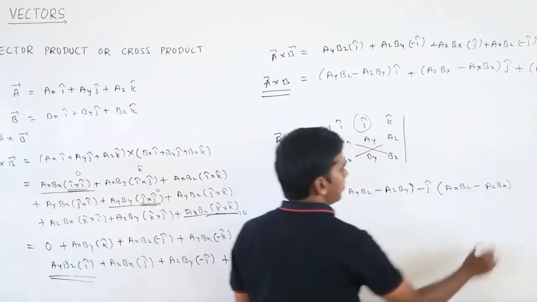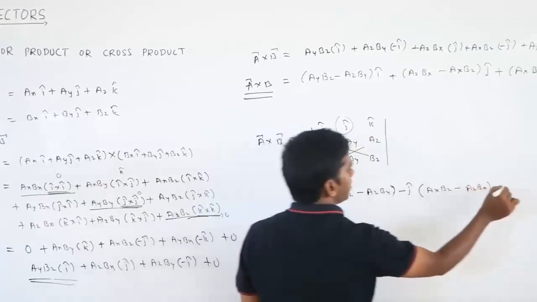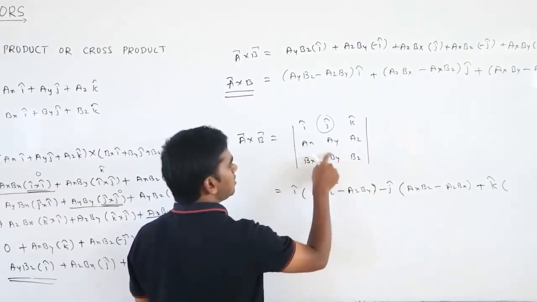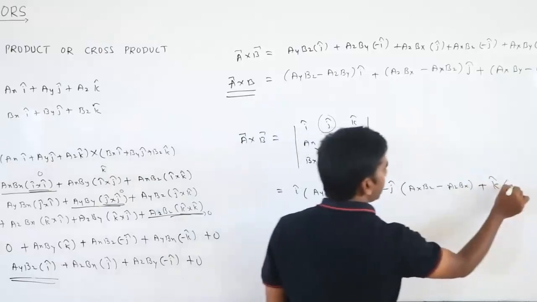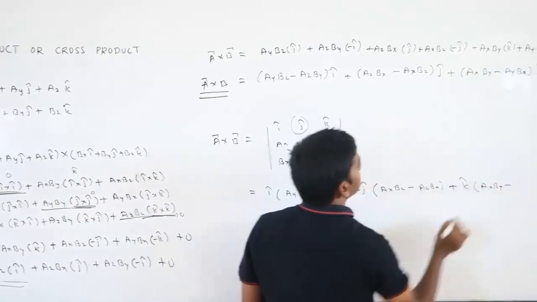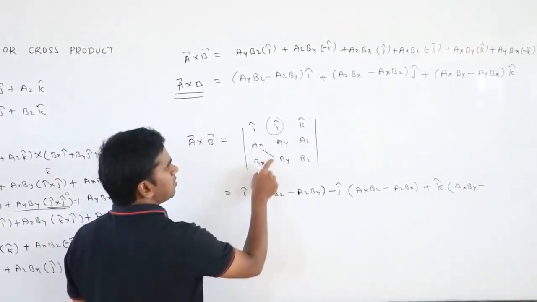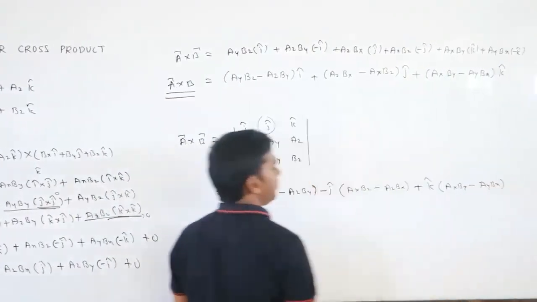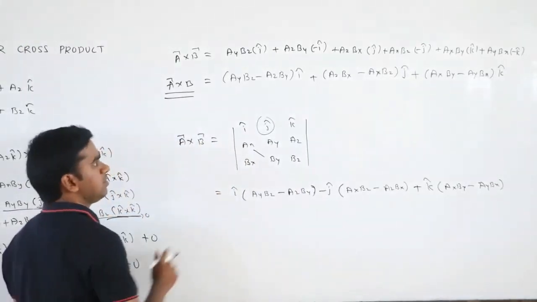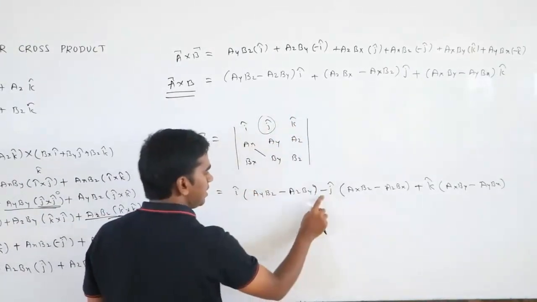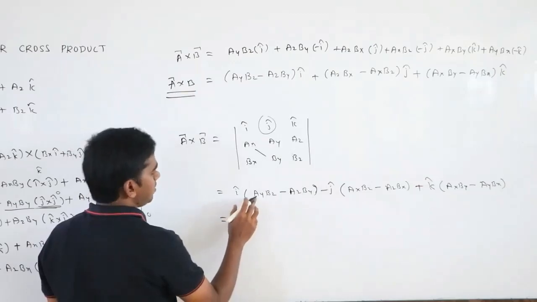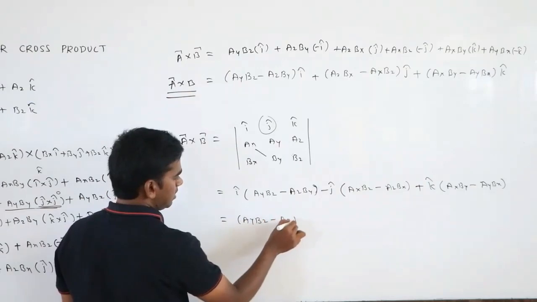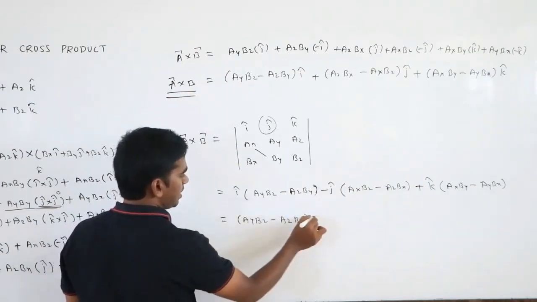Okay, so plus k cap. K cap means then you have to take these four: ax by minus bx ay, or ay bx. Okay, so if you look at one thing, only here positive is there, here it is coming negative. So let me write ay bz minus az by i cap here.